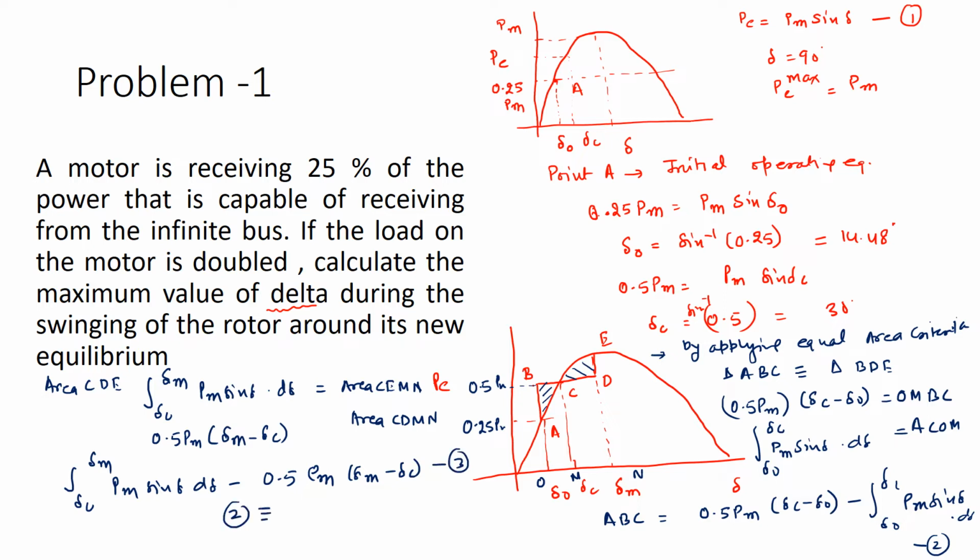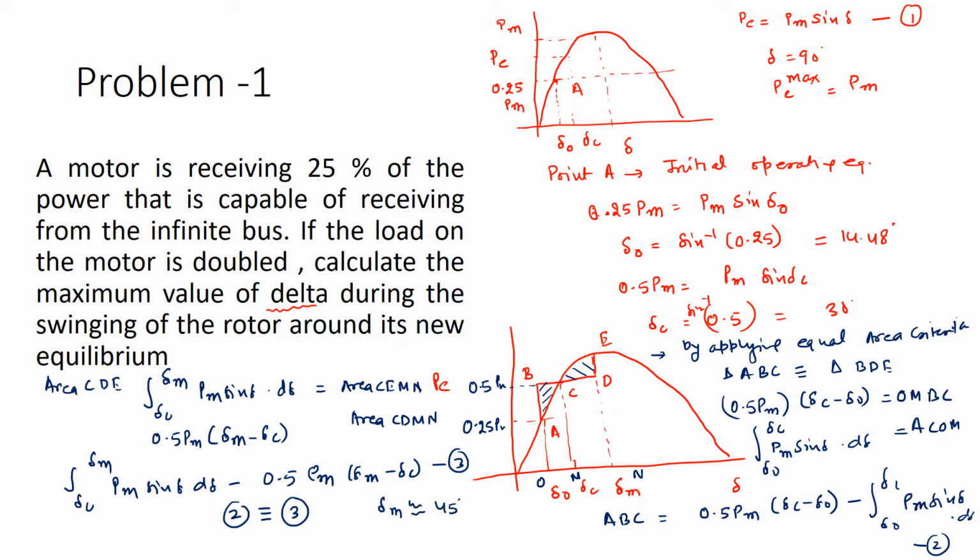When I put equation 2 and 3 equal, Pm gets cancelled, and we already have the values of delta C and delta naught. What we need to do is calculate the value of delta M. From my calculation, I can easily find the value of delta M will be around 45 degrees.